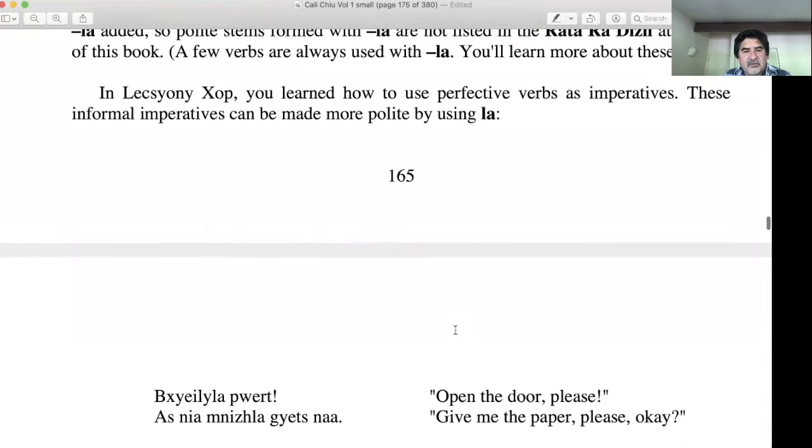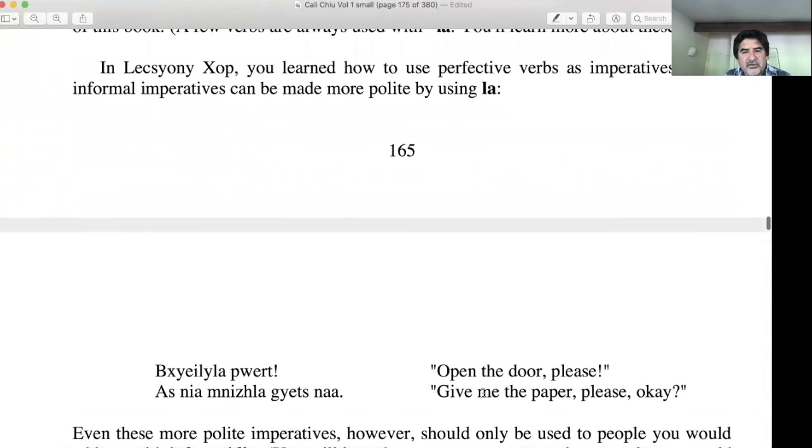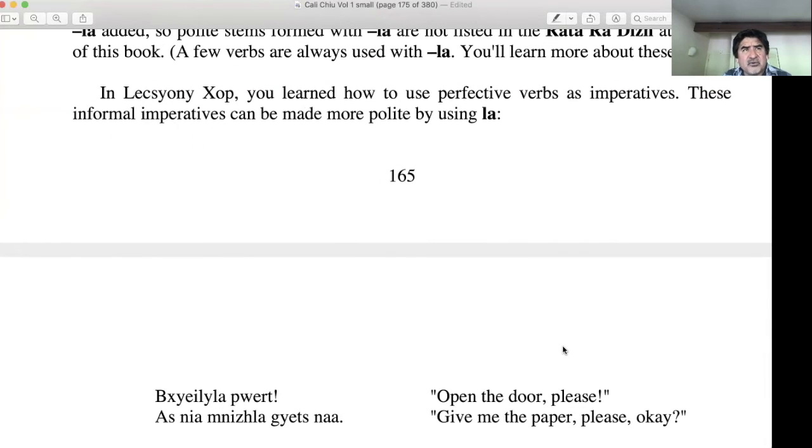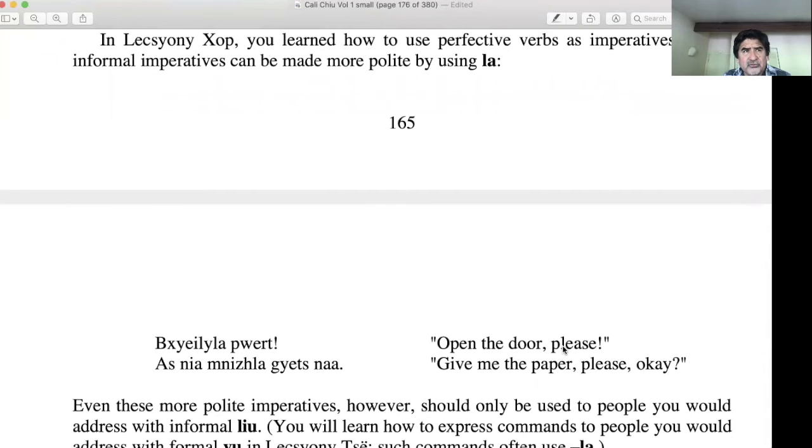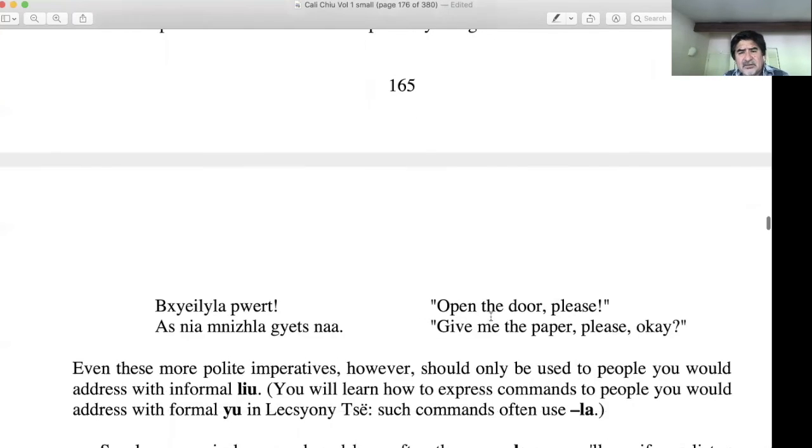All right, so we have more examples here. We can also use it to ask somebody politely to do something for you. That's a polite command, right? We already learned that in order to do commands in Zapotec, you use the perfective, which is the past. In these sentences we say, open the door, please. In Zapotec we say, "Cierra la puerta."